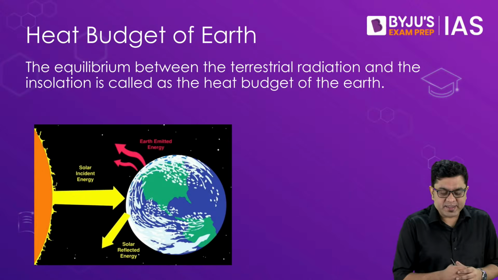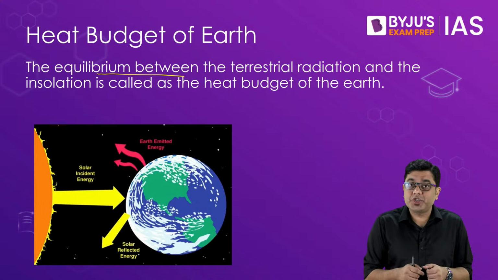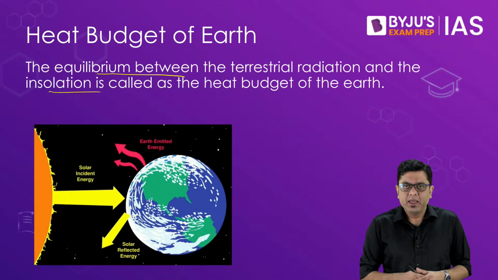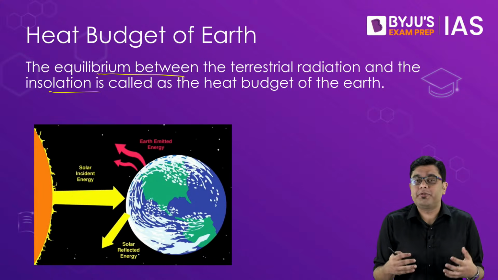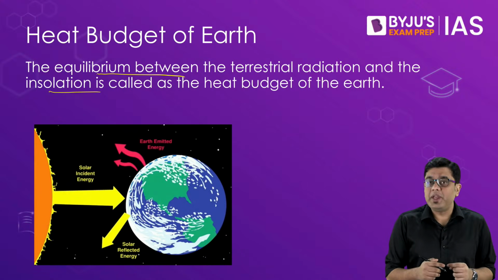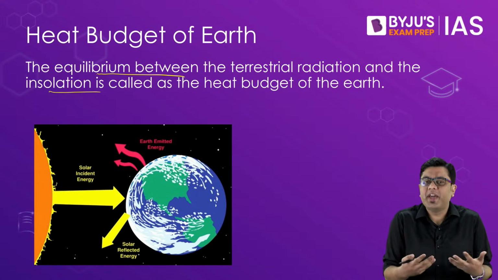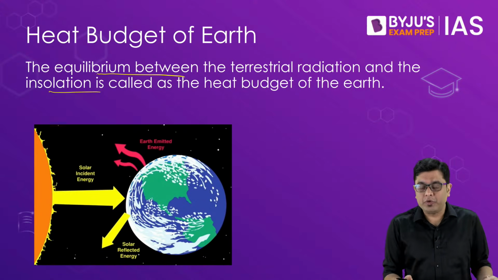Now here you have to understand that there is an equilibrium between the terrestrial radiation and the amount of solar insolation. The energy radiation which is emitted from the sun is in the form of short wave radiation. And why is that? That is because the sun as an object is very hot and has a very high amount of energy.